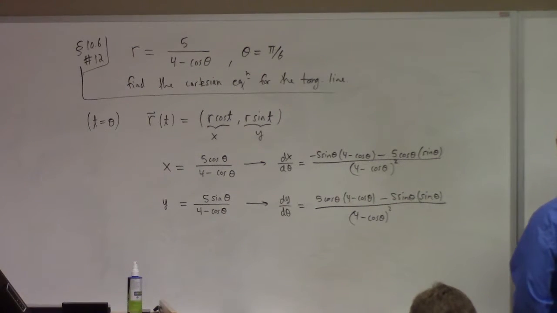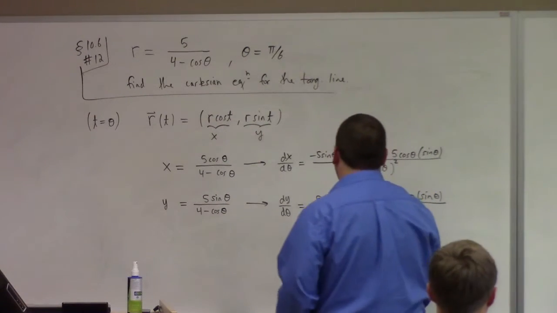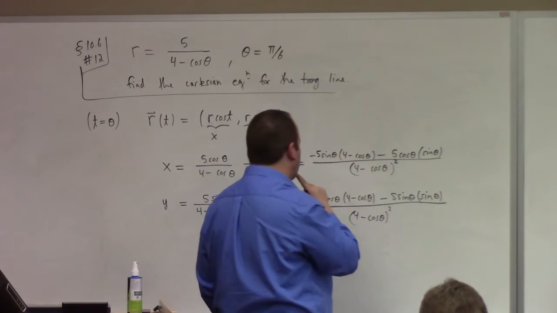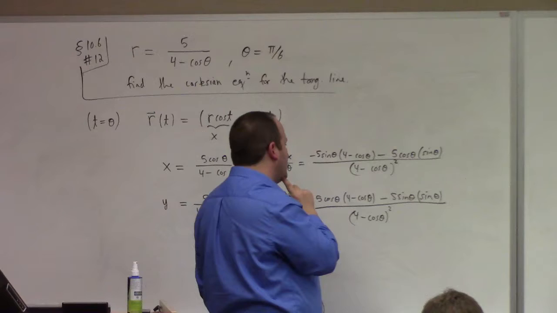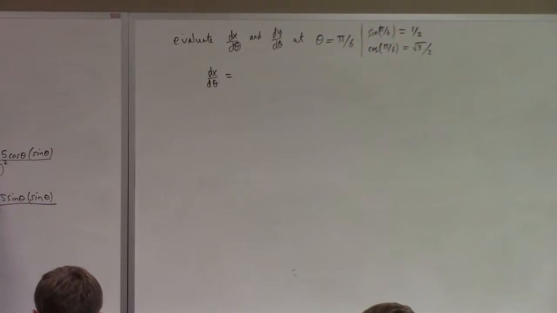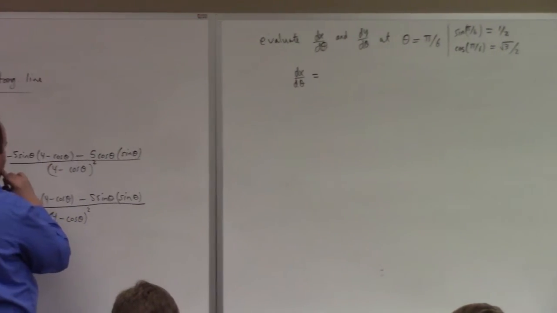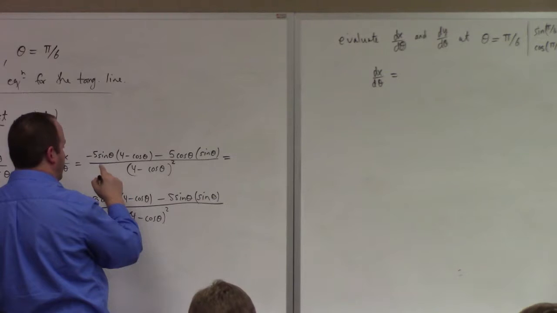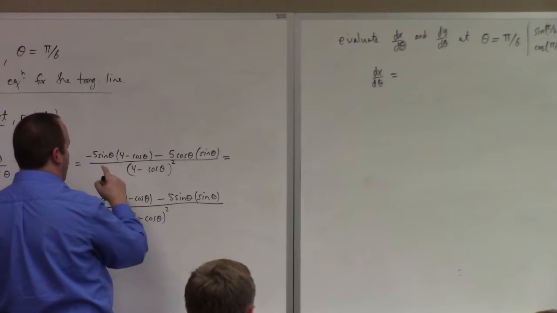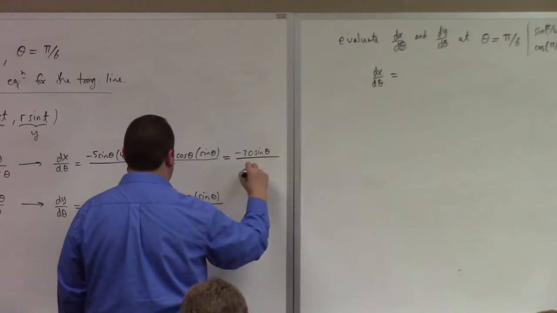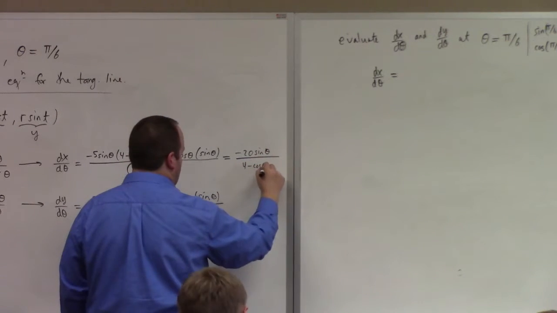We got, I don't know, is there any way I can simplify this before I just go off and start calculating like a madman? Let's see here. Anything cancel out in here? Looks like I've got a plus 5 sine cosine and a minus 5 sine cosine, right? So this cleans up a little bit. I think that's worth the algebra step. This is actually minus 20 sine theta divided by 4 minus cosine theta squared.